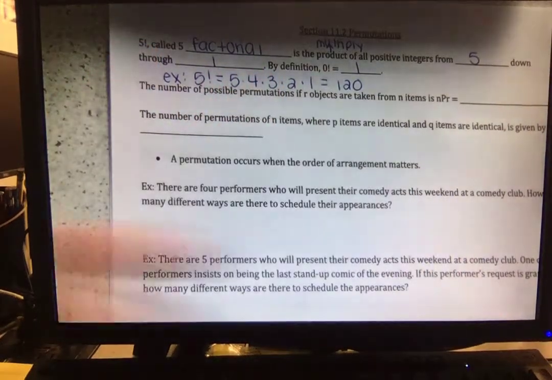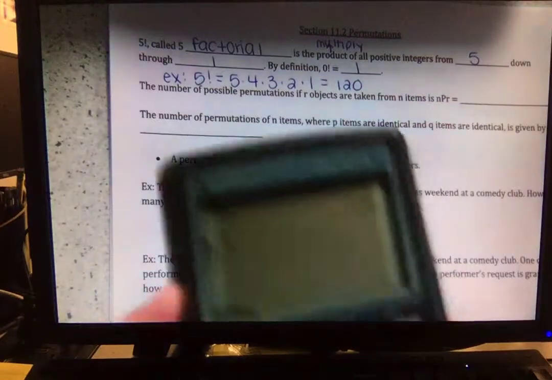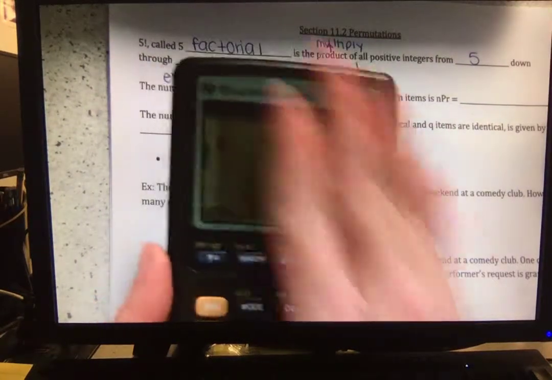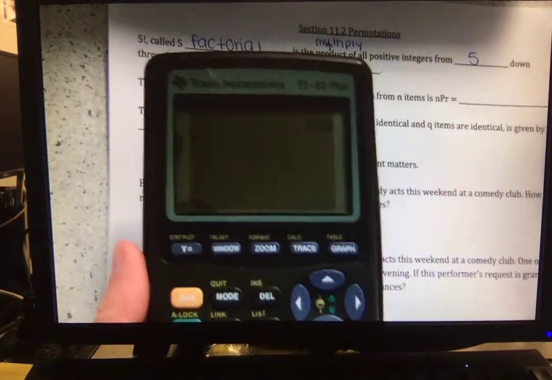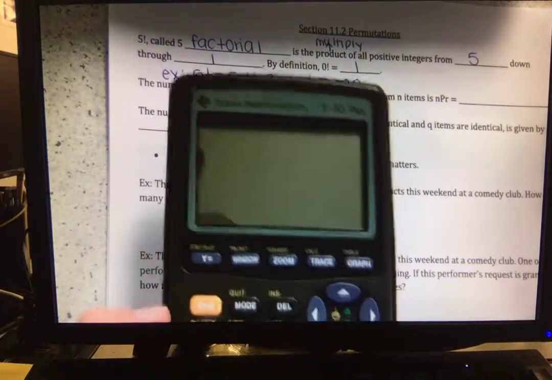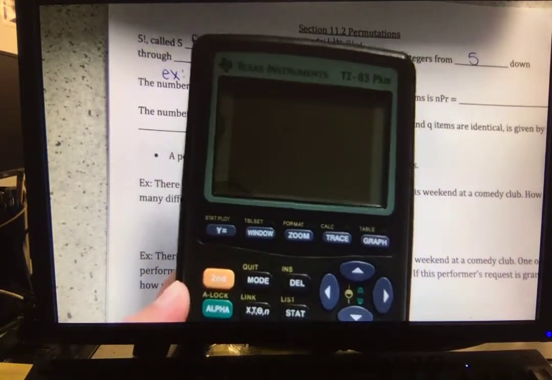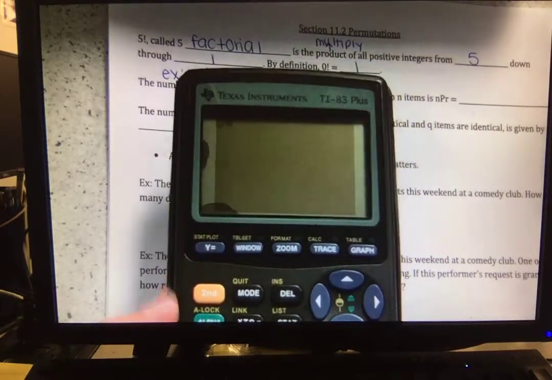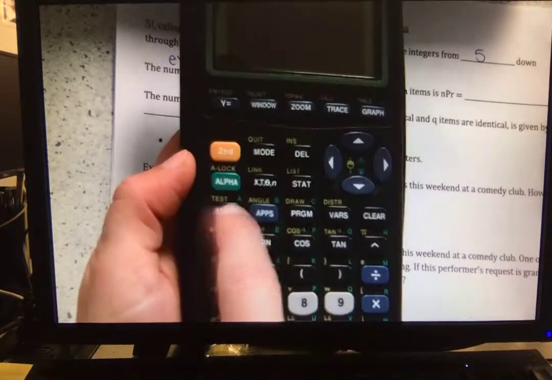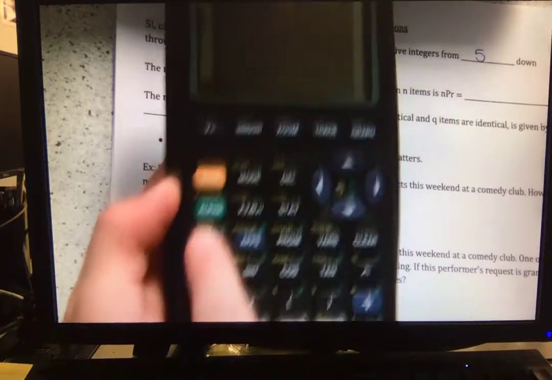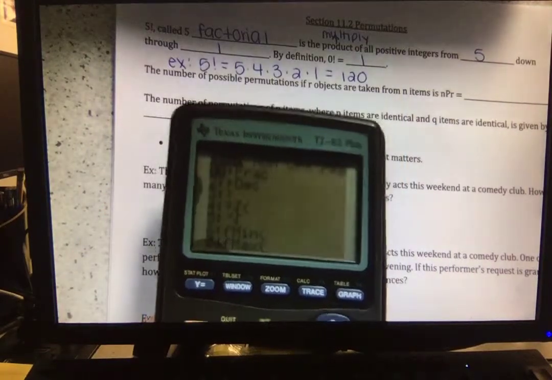All right, if you have a graphing calculator, whether an old one like my old faithful, or a newer version, it'll all be the same buttons. If we want to do 5 factorial, we type in 5. We hit the math button, the third button down on the left-hand side. Hitting the math button, you're left with this menu.